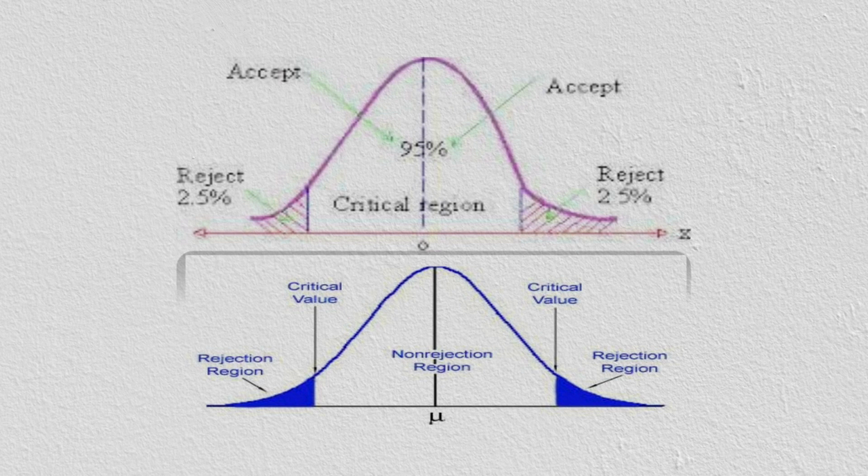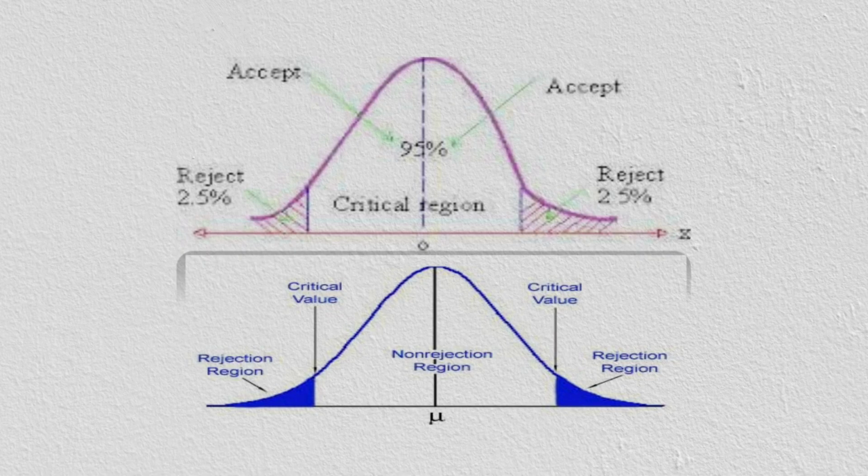The accepted region is 95%, which we have already covered, usually called the interval also. In interval estimation, we have already talked about all those things. And acceptance is 95% in both cases.